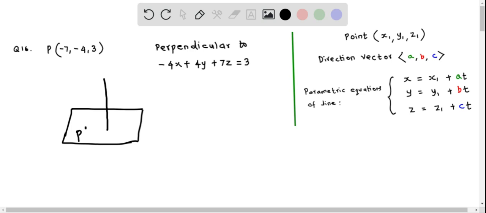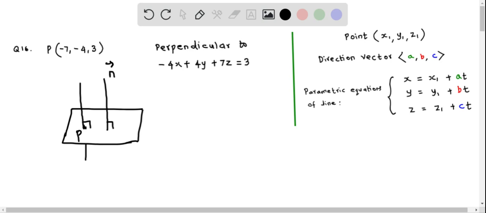Since the line is perpendicular to the plane, you can draw it like this, and it is passing through this point. So this is the normal vector. Now we can see that this normal is parallel to this line, and this means we can consider the normal vector as the direction vector.